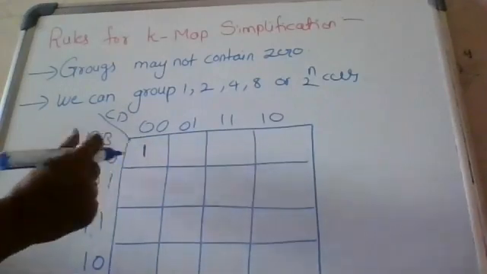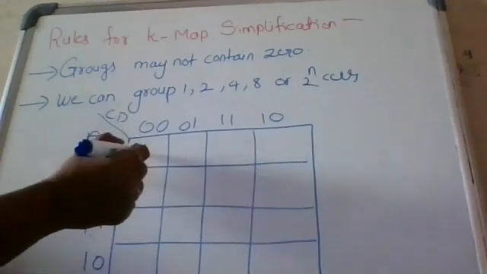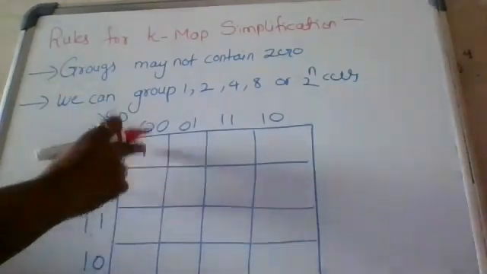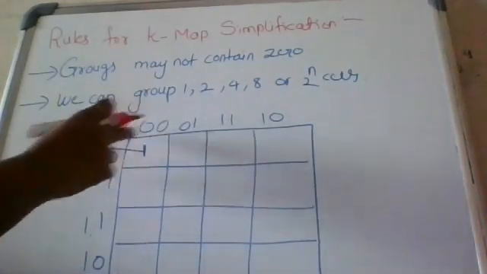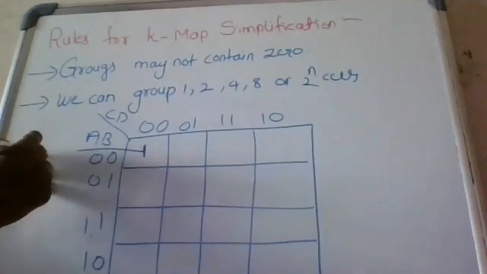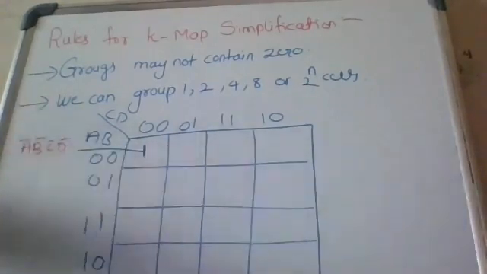This group's equation: AB is 00 and CD is also 00, so we can write A bar, B bar, C bar, D bar.